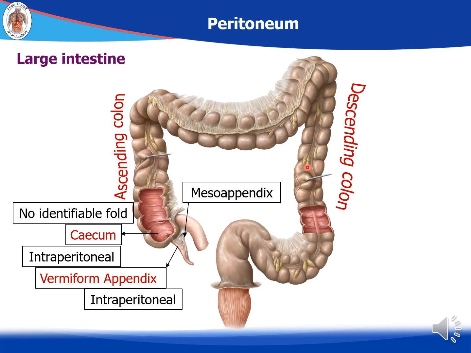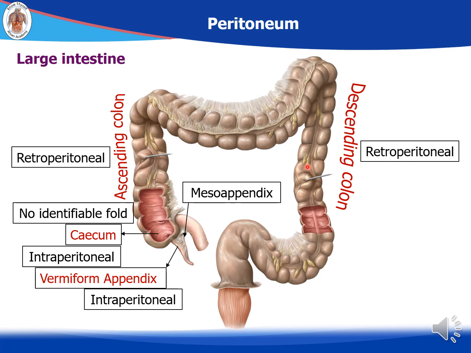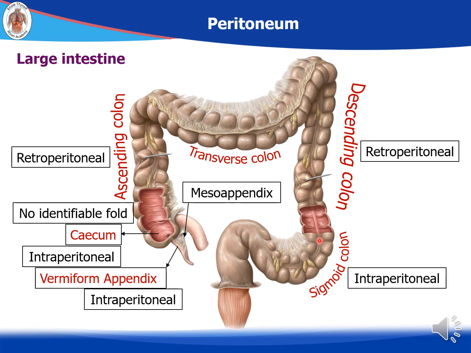Now you can see this is the ascending colon, and on the other side this is the descending colon. These two parts are retroperitoneal, behind the peritoneum. So the anterior wall and side walls are covered by the peritoneum and fixed to the posterior wall. This is the transverse colon, and this one is the sigmoid colon. Both are intraperitoneal and have a mesentery.